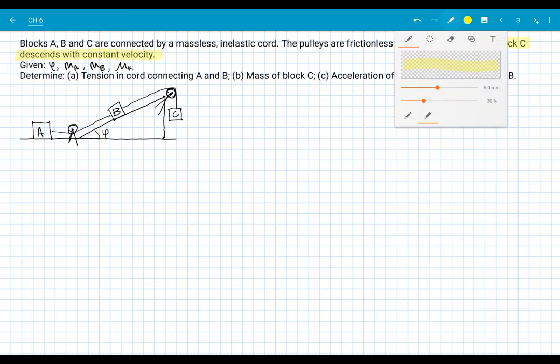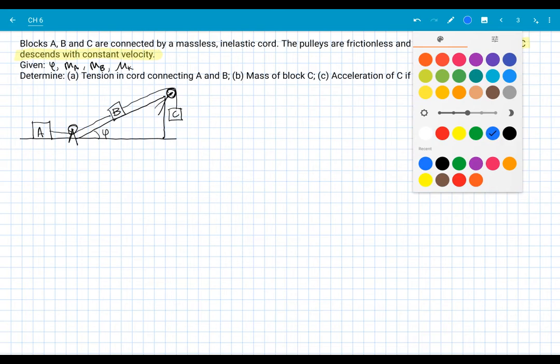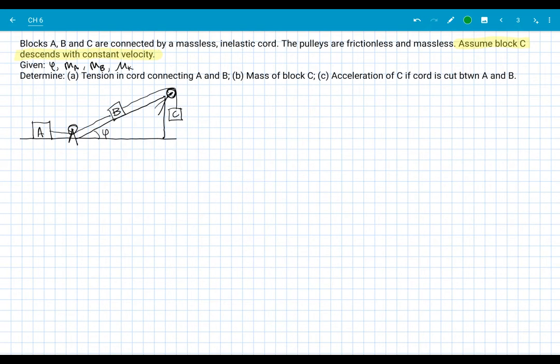When I say both interfaces, I'm talking about the interface between block B and the incline, and between block A and the surface beneath it. There, we're using the same coefficient of kinetic friction, mu sub k. All right, cool. It's all in motion here, so we don't have any static friction.